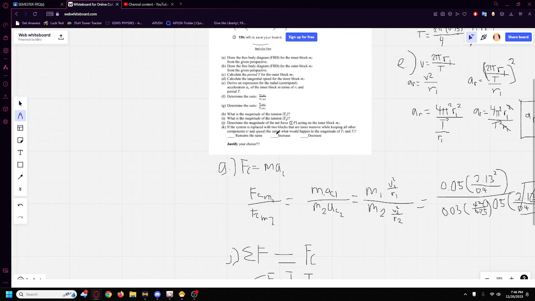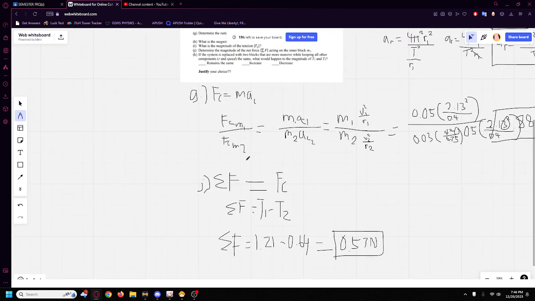K asks if the system is replaced with more massive blocks, how will T1 and T2 change?